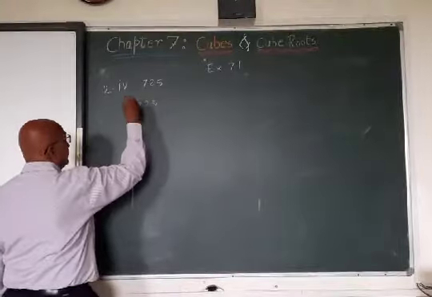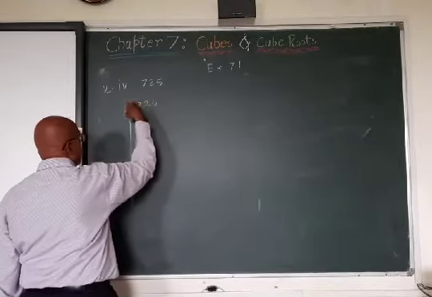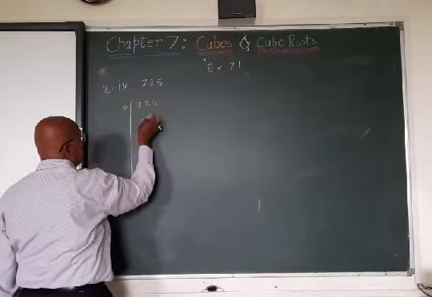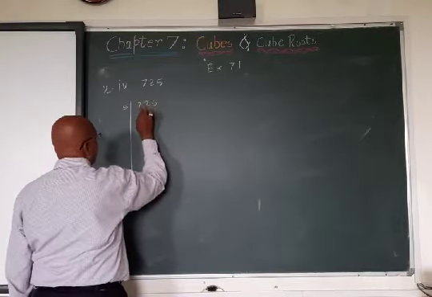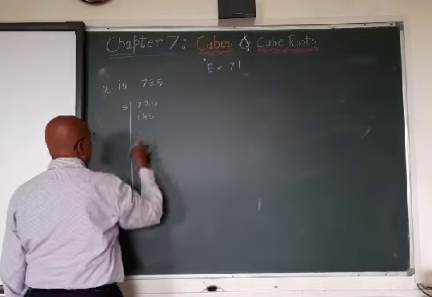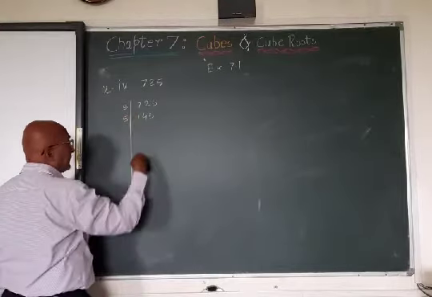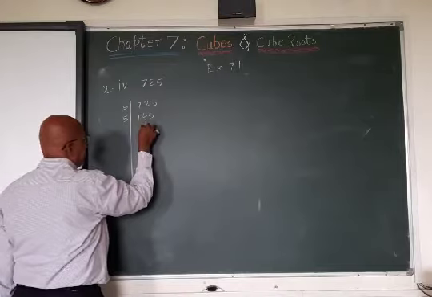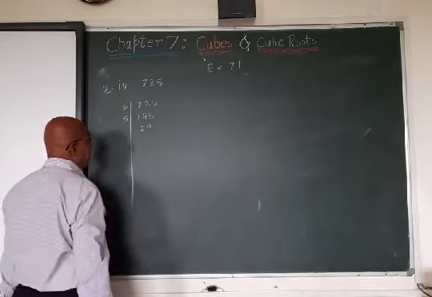725. So here 3 cannot be there, neither 2, so directly 5. 5 ones are 5, 5 fours are 20, and 5 fives are 25. Again 5. 5 twos are 10, 5 nines are 45.